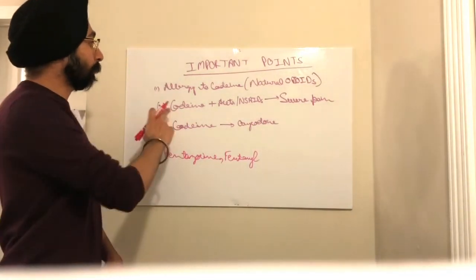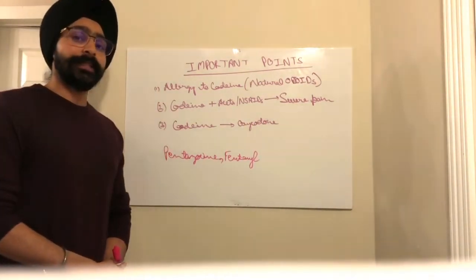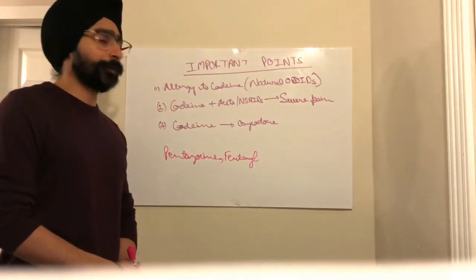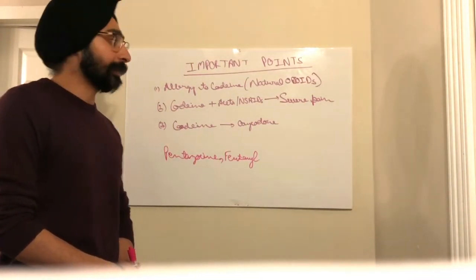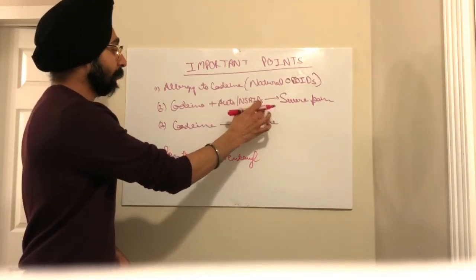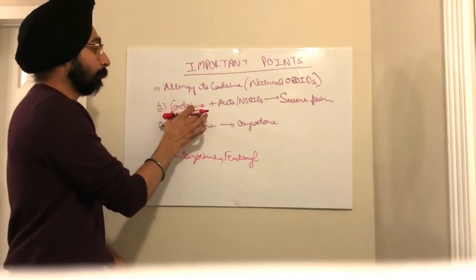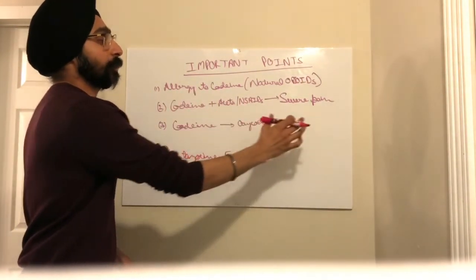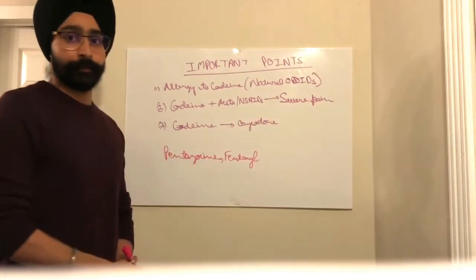The second point is, when a patient has severe pain and NSAIDs do not alleviate the pain, in that case we can add acetaminophen or any NSAID to codeine. So basically the combination of opioid and NSAIDs is used in the case of severe pain.